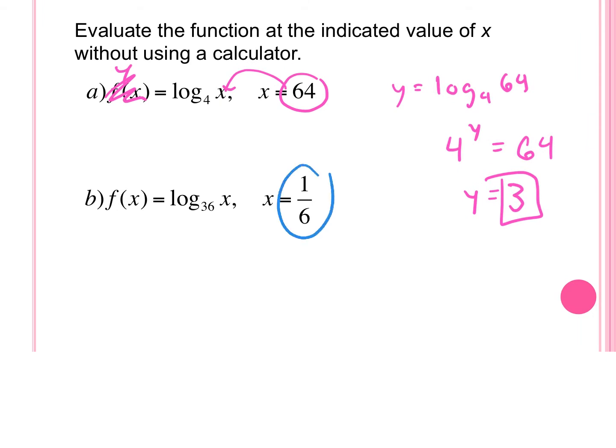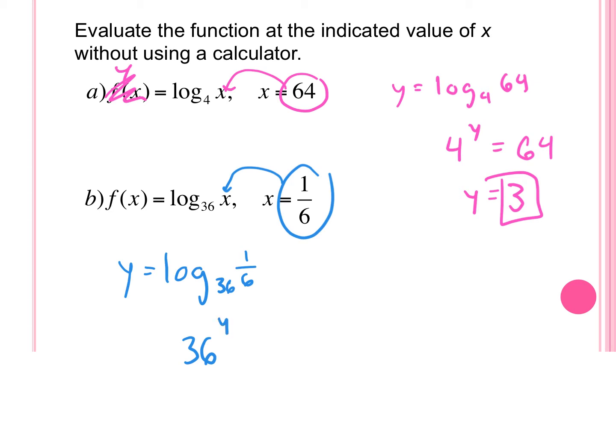For B, I'm going to take 1 over 6, plug it in. So I have log base 36 of 1 over 6 is equal to y. What's my base? 36. What's my exponent?